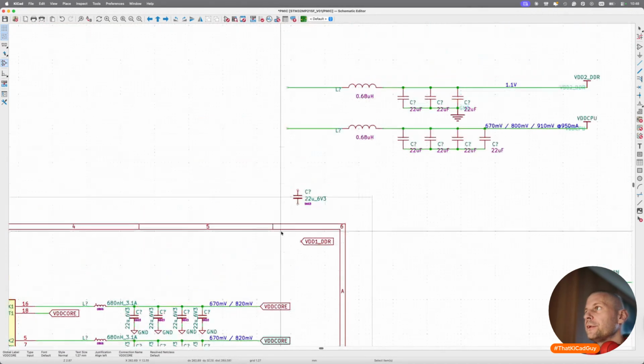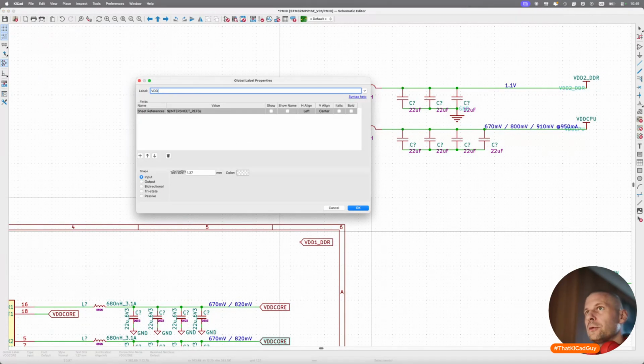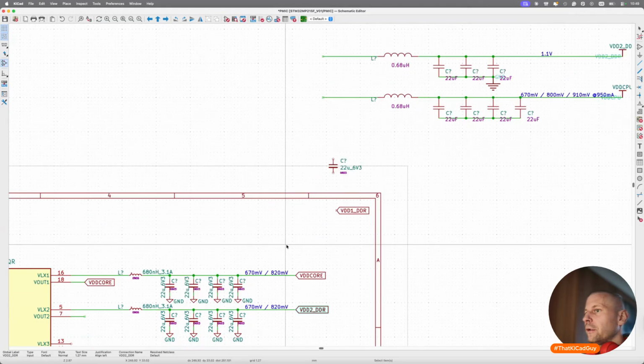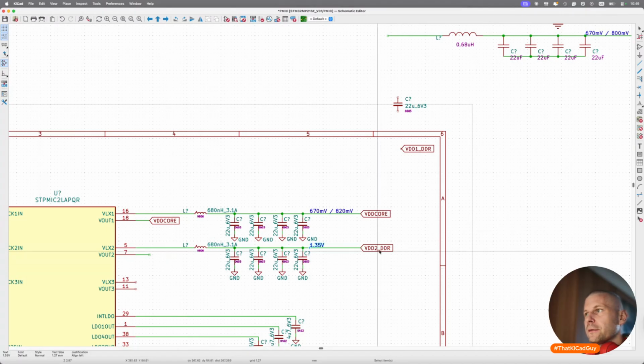This is VDD2 DDR, and 1.1. It's not the case. We have 1.35 volts. Yes.